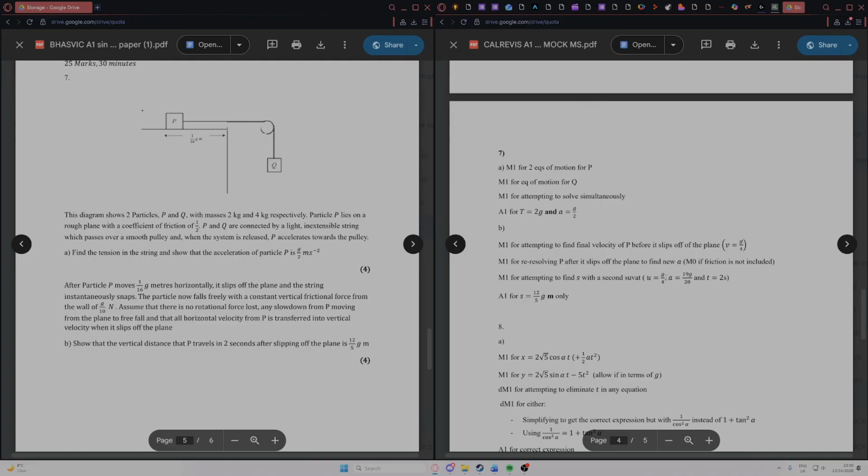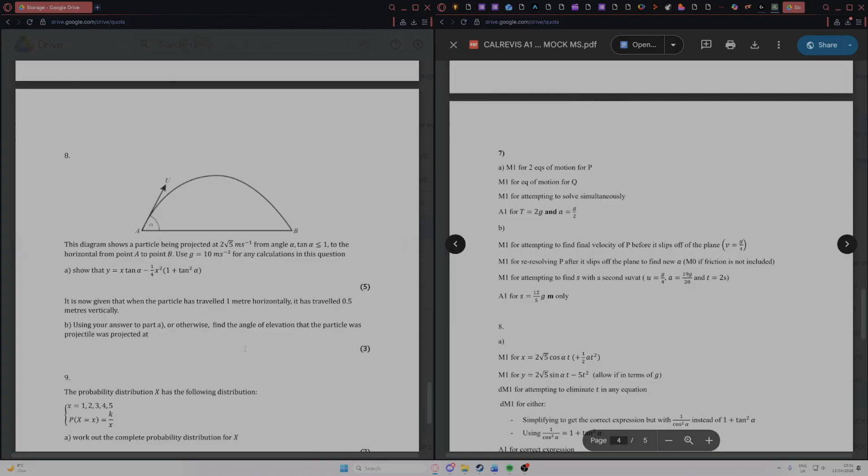So our U is going to be the same as this V, because it says here that there's no slowdown from P moving to freefall, and all horizontal velocity is transferred into vertical velocity when it slips off the plane, which is crucial information because that means that we can do this. We know T equals 2 because it says in the question, and we found our new acceleration. So now we can find S, which is going to be 16 over 5 G meters, which it says in the question, obviously.